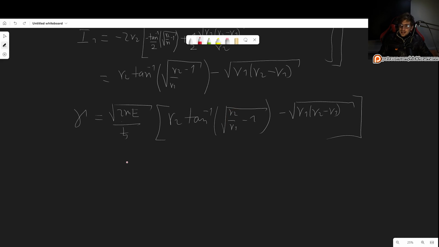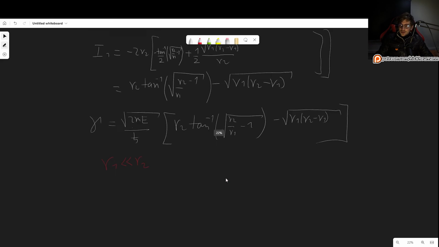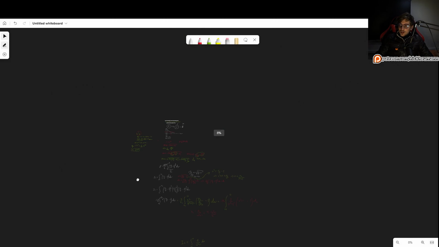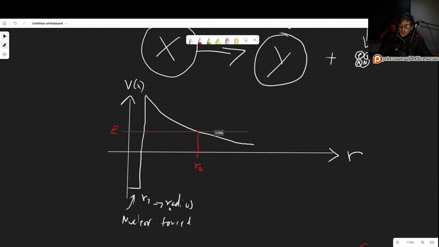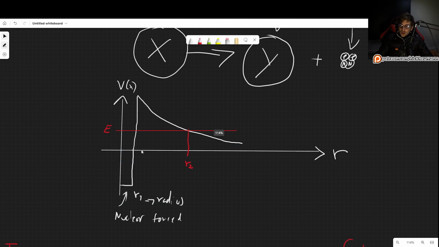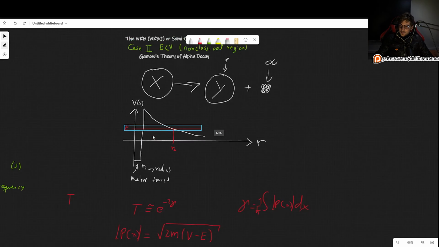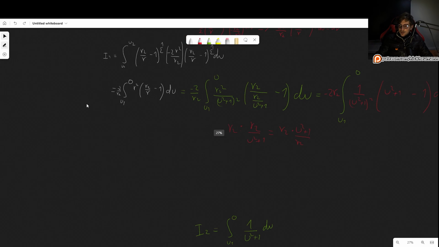What we do know is that R1 is much smaller than R2. Why is that? Because R1 is the nuclear radius, the radius of the nucleus. So we know that the nucleus is very, very small compared to the distance where the potential is then going to be smaller than the energy, this outer turning point right there. So we can use that approximation.